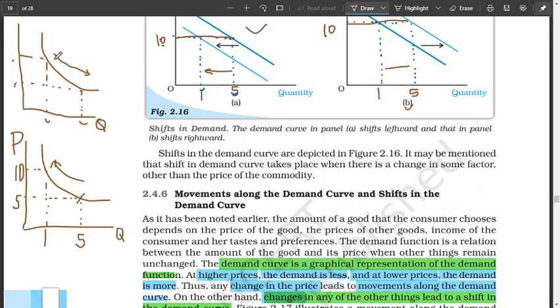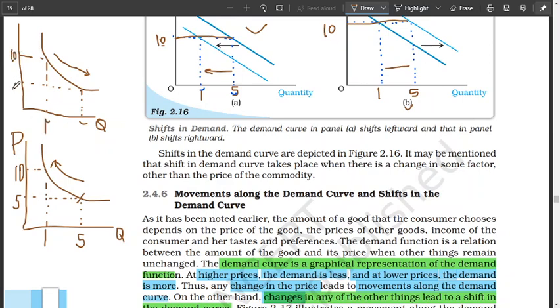You should not be confused with the one that we derived from the demand curve. Earlier we said that if the price is 10, then we buy less, only 1. If the price falls, then we buy more. Like in this case, the price is 10, you buy 1.